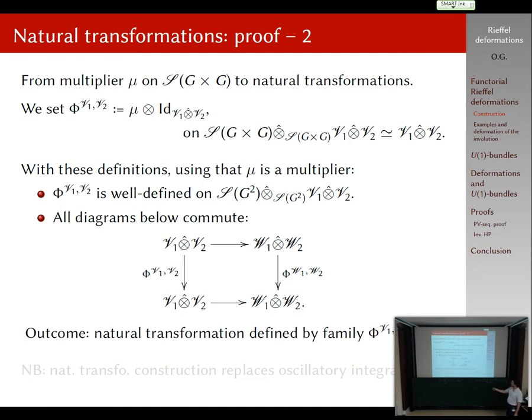And so the outcome is that starting from our multiplier mu, I managed to construct a natural transformation which is defined for all these pairs of vector spaces. And here something is really happening. It's because this natural transformation construction is somehow replacing the oscillatory integrals.